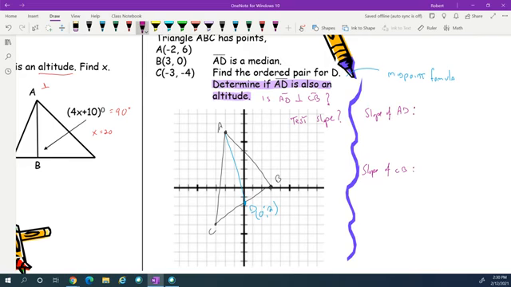So we're going to use our slope formula. Have your formula sheets handy for things. Testing AD: Y2 minus Y1 over X2 minus X1. So it looks like -8 over 2 or -4.